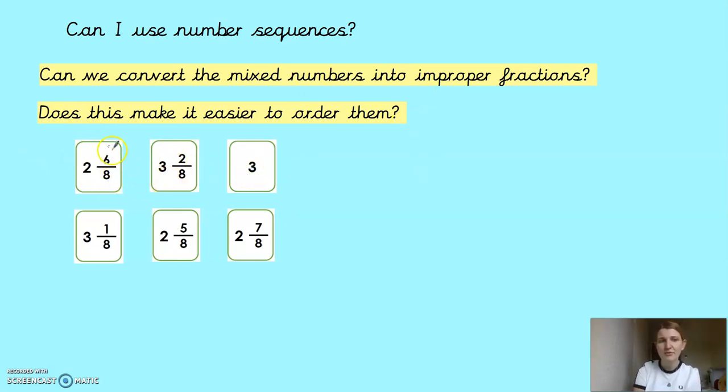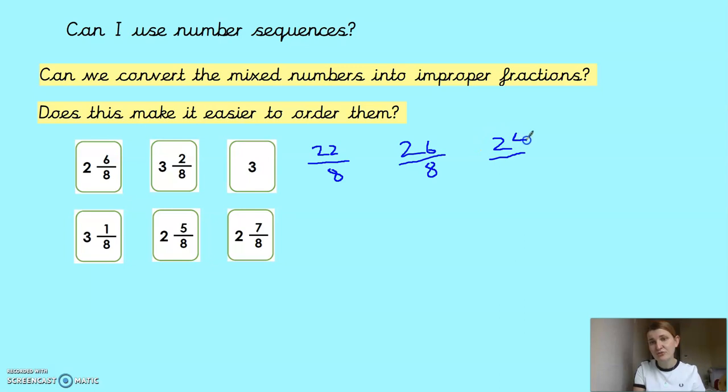What about if I turn them all into improper fractions with a denominator of 8? So 2 times 8 is 16, add 6 would be 22/8. 3 times 8 is 24, add the 2, 26/8. And with this one, I've just got 3 on its own, but I know I'm turning it into a fraction with 8, so I'm going to do 3 times 8, 24.